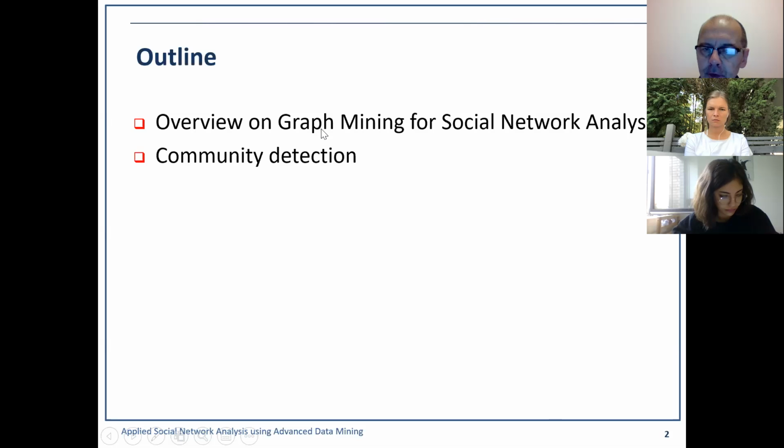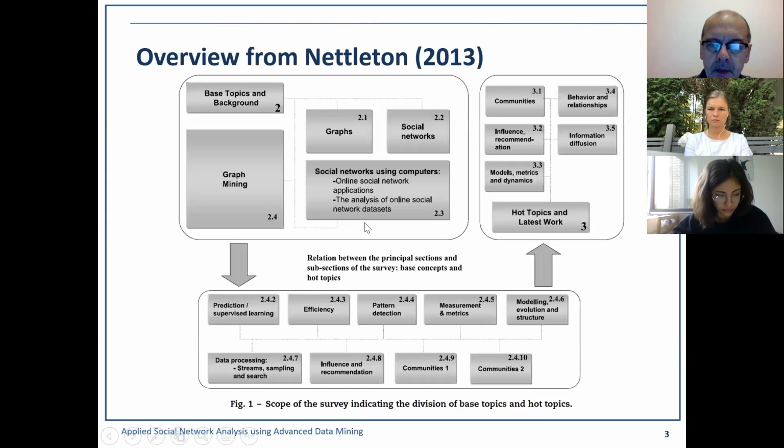After a first overview, we step into community detection, and those are the tools you will need for your work.